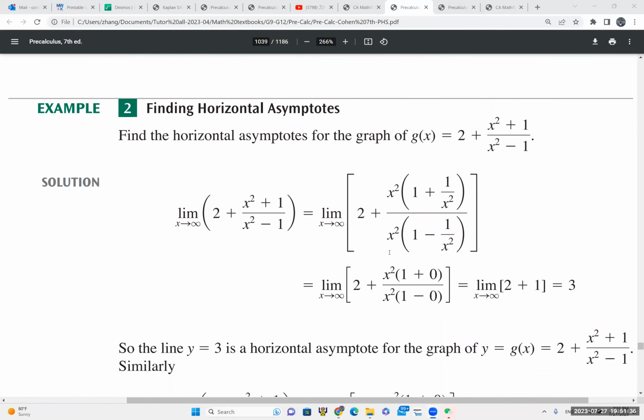Let's say this, take x squared, then the limit goes to 3. So this is not so hard. You just find the limit of this part first, right? Then plus 2. Okay.